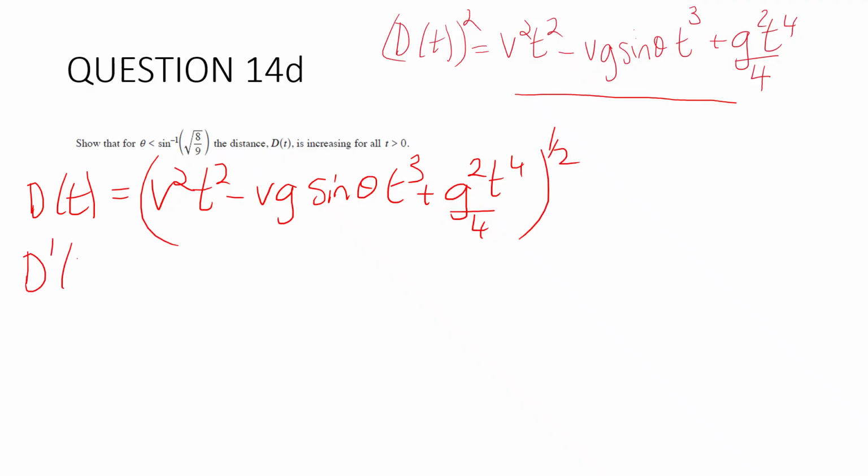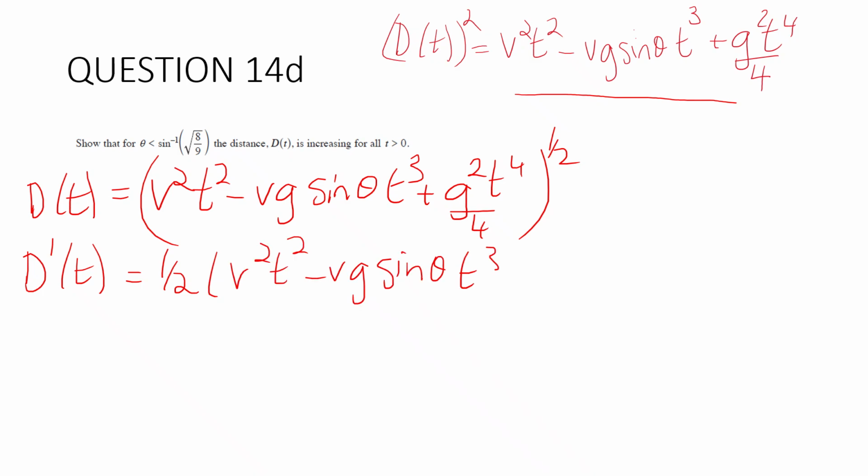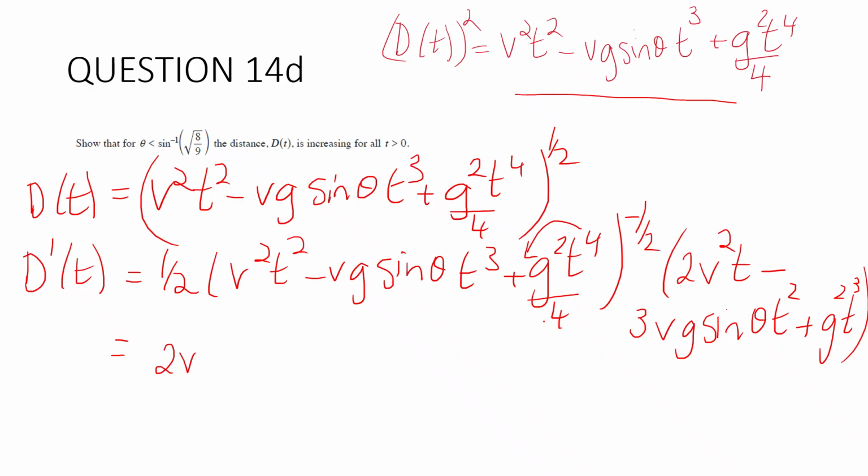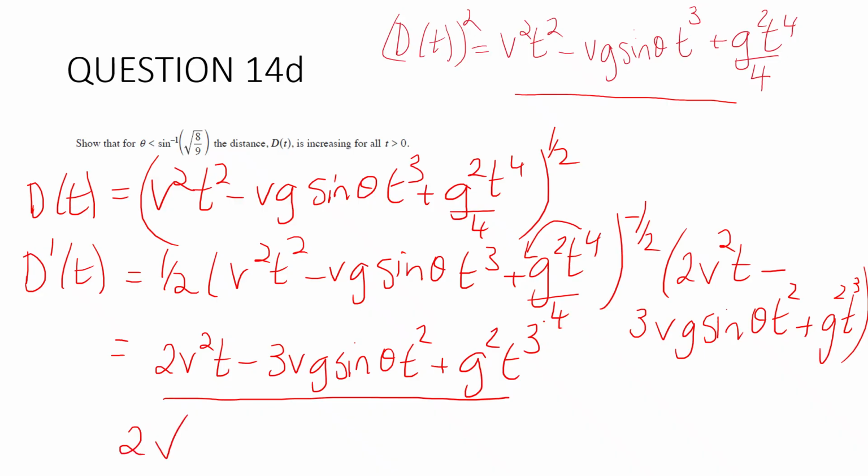d'(t) is equal to a half times (v squared t squared minus vg sin theta t cubed plus g squared t to the power of 4 on 4) to the negative a half, times the derivative of the inside function, which is 2v squared t minus 3vg sin theta t squared plus, this 4 will come down and wipe that one out, so it's g squared t cubed. This is equal to 2v squared t minus 3vg sin theta t squared plus g squared t cubed, all over 2 times the square root of v squared t squared minus vg sin theta t cubed plus g squared t to the power of 4 on 4.